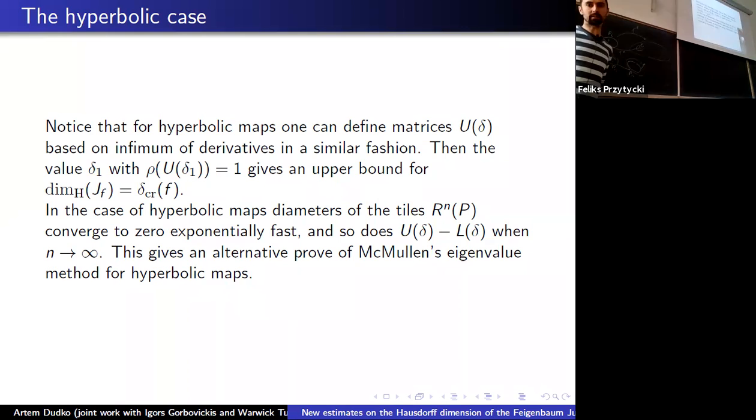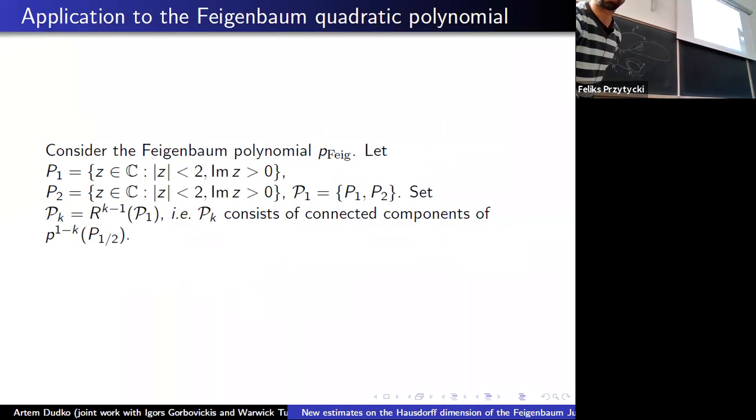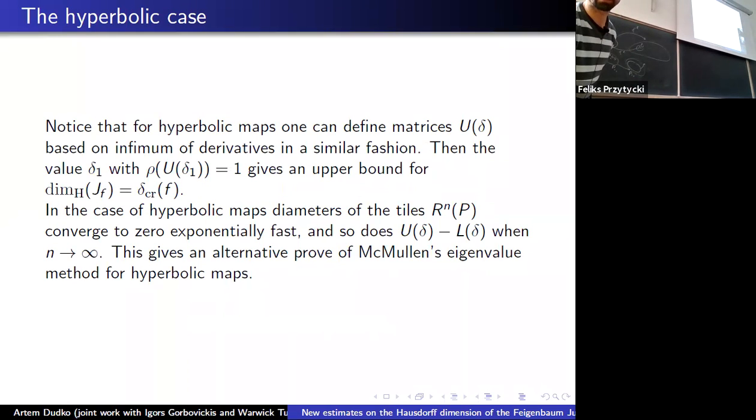And so the upper and lower bounds converge. And this gives an alternative proof of Macmillan's eigenvalue method for the hyperbolic maps, using Poincare series. So this was for hyperbolic maps.